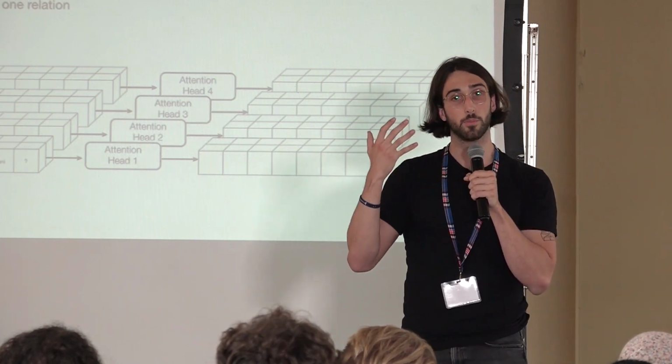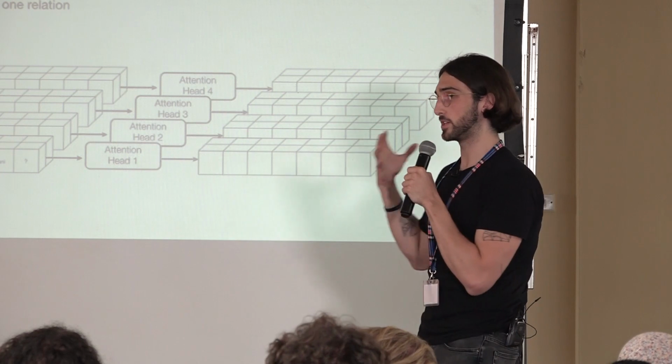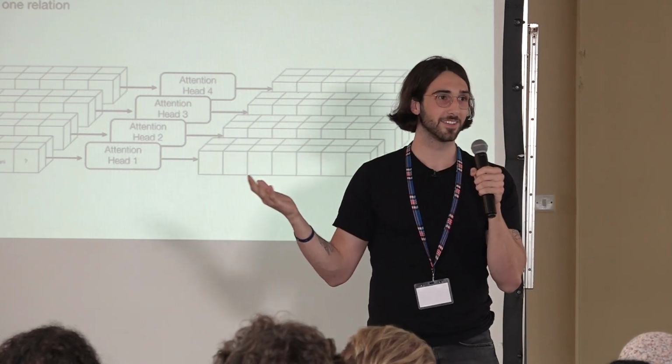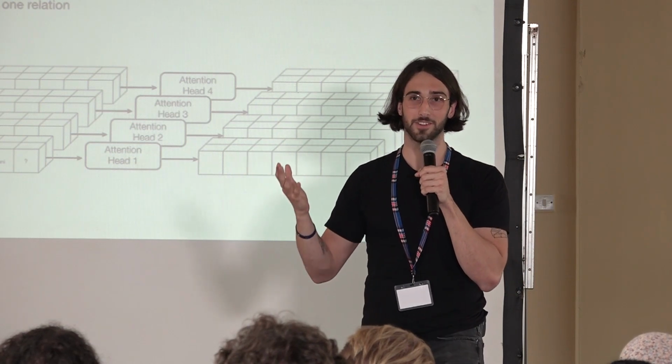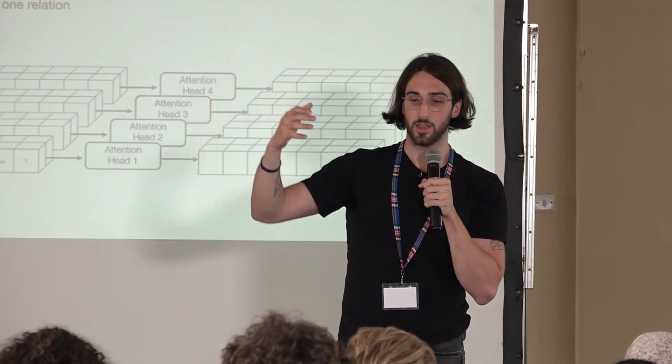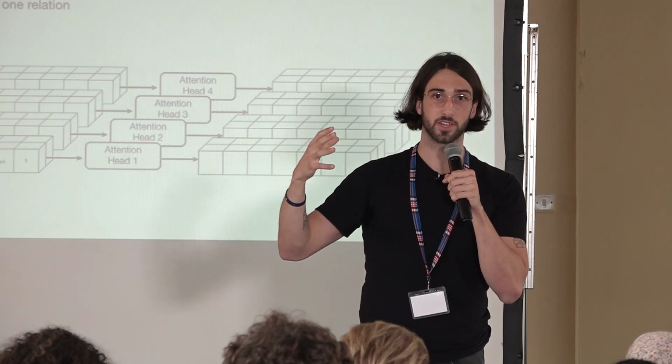Right now 8 heads is kind of the standard, and I think the largest have gone to 64. If you can come up with efficient mechanisms for expressing more relations, that's a huge opportunity to scale this up and boost performance.